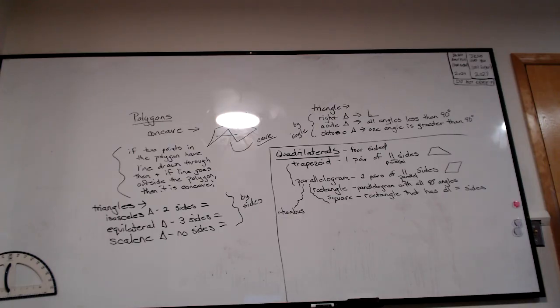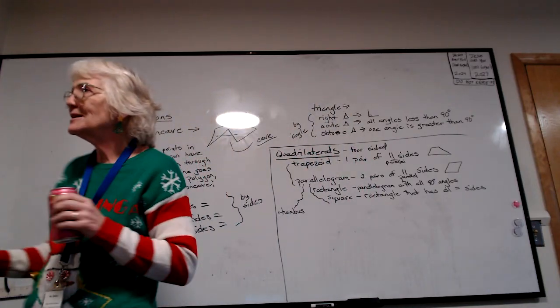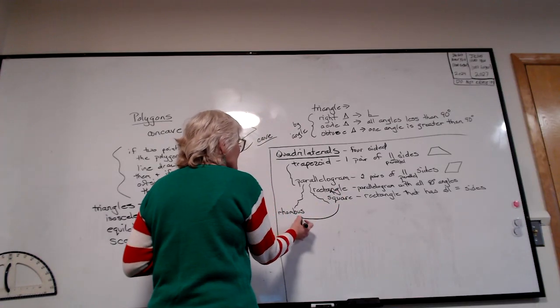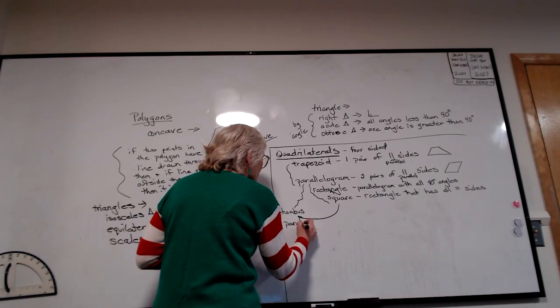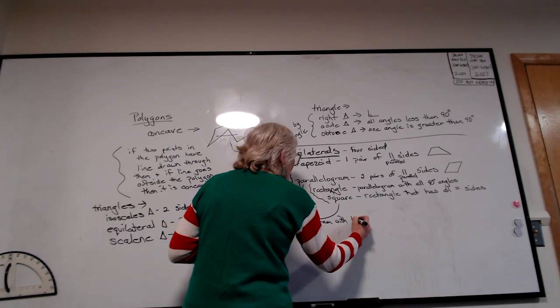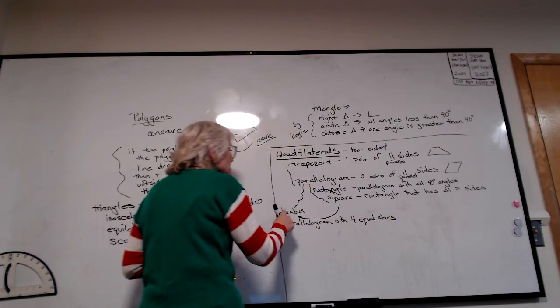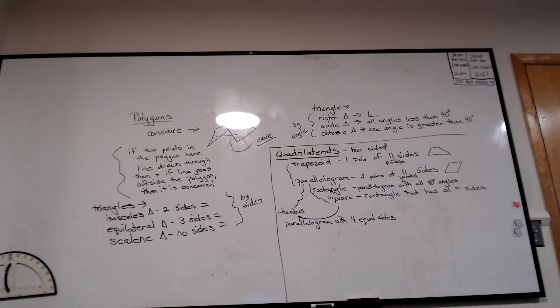A square is a rhombus, by the way. So a square fits into rectangles, but it also fits into the rhombus category, because a rhombus is just a parallelogram with four equal sides. A rhombus doesn't have to have 90-degree angles, so not all rhombuses are squares, but all squares are rhombuses. Okay, so that's something to think about.